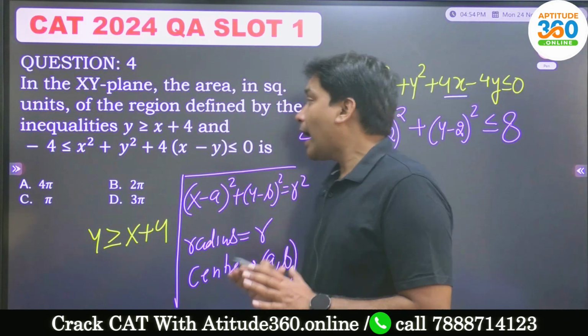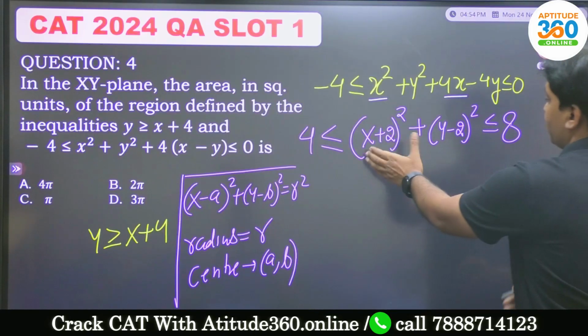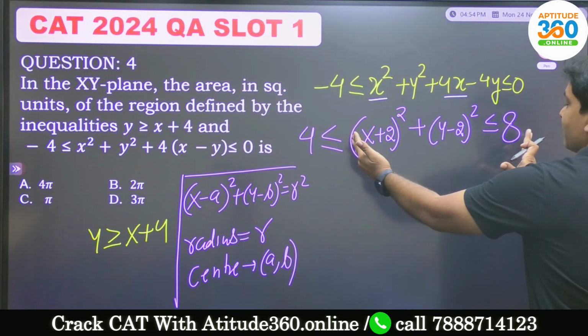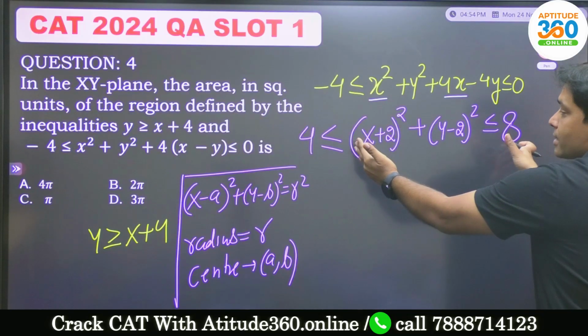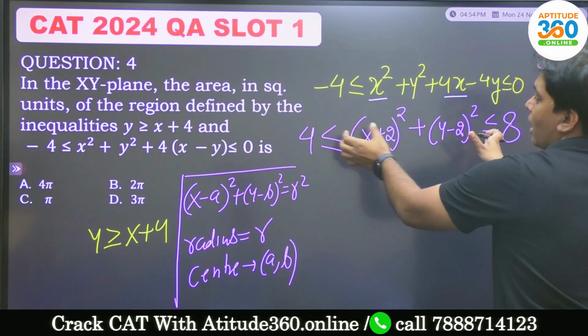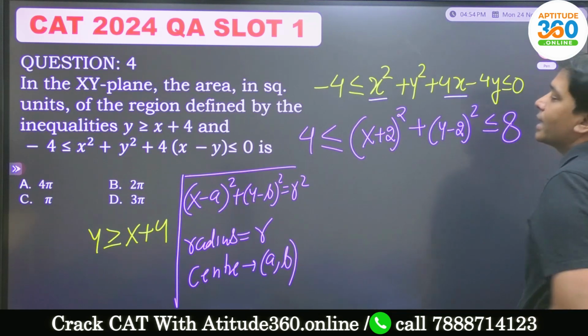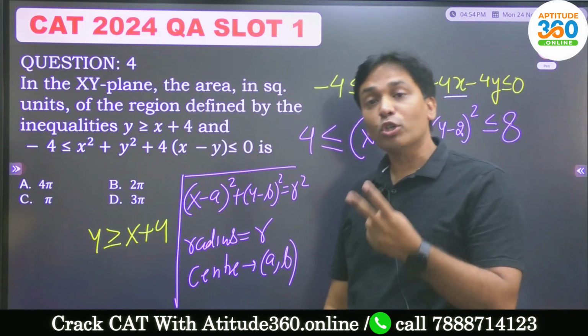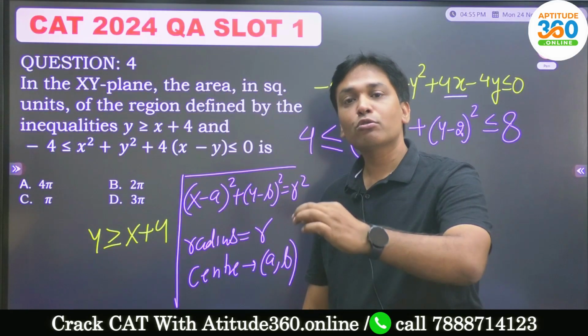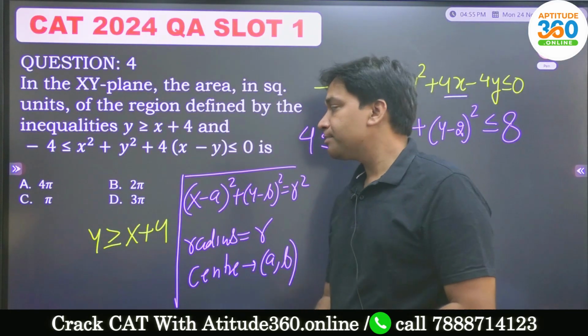So if I say x plus 2 whole square plus y minus 2 whole square is equal to 8, is it a circle? Yes. And 4 equals x plus 2 whole square plus y minus 2 whole square is also a circle. So we have two concentric circles having two different radii, isn't it?